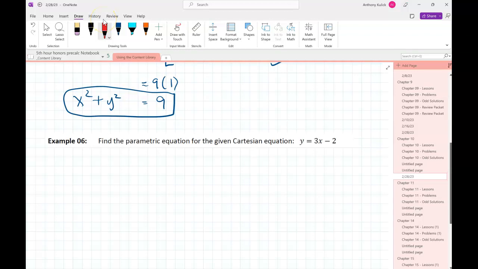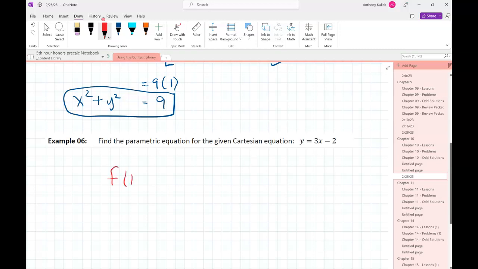So what kind of equation is this? Linear, right? Does this function already have the x and y separated? Yeah, right? The y is all by itself.